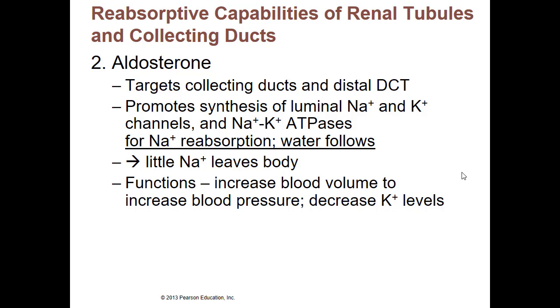We're going to insert more channels in our distal convoluted tubule and in the collecting duct too. We're going to reabsorb sodium, and anywhere sodium goes, what follows? Water will follow. This is so that we are trying to keep sodium in the body. We're also trying to keep additional water in the body.